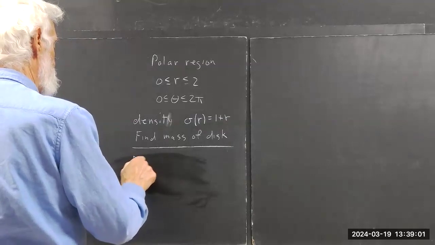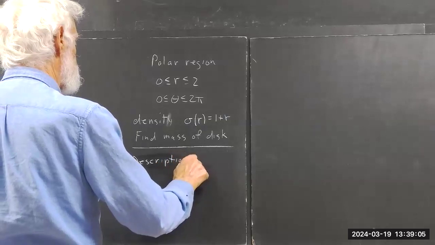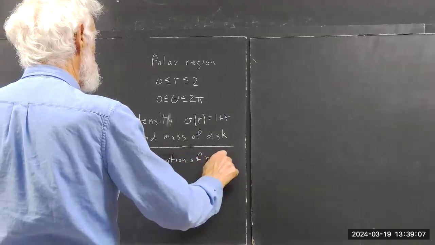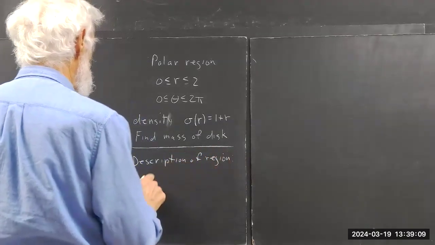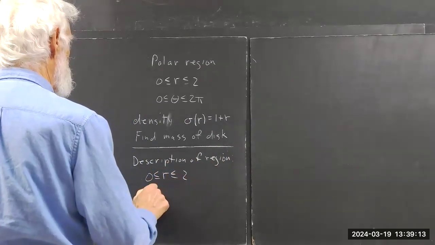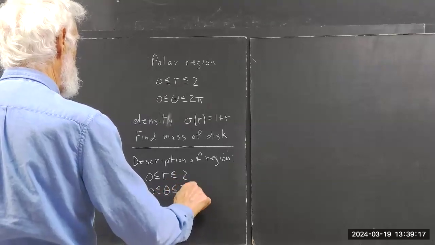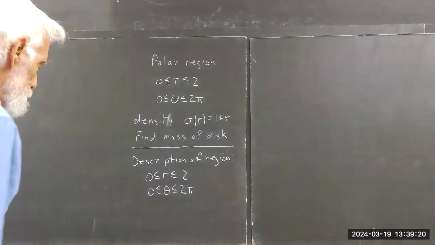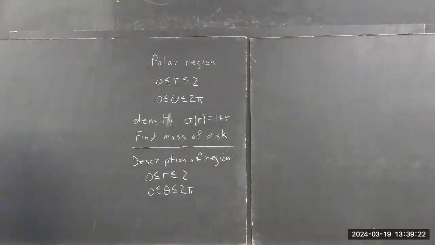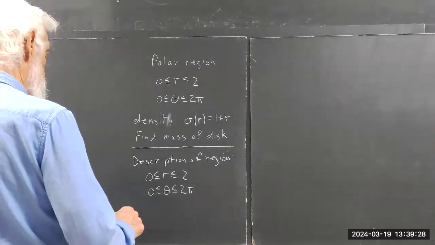Okay. r from 0 to 2. Theta from 0 to 2 pi.